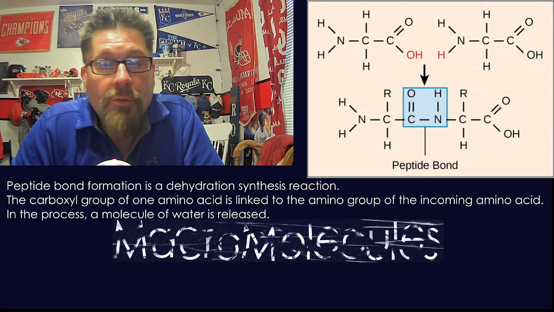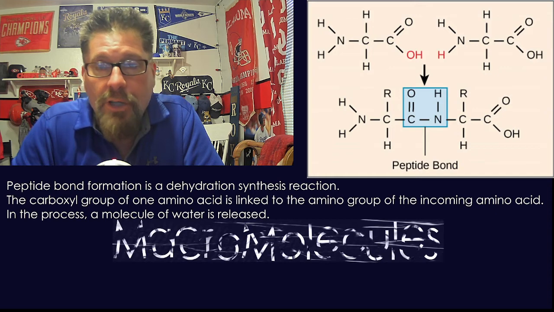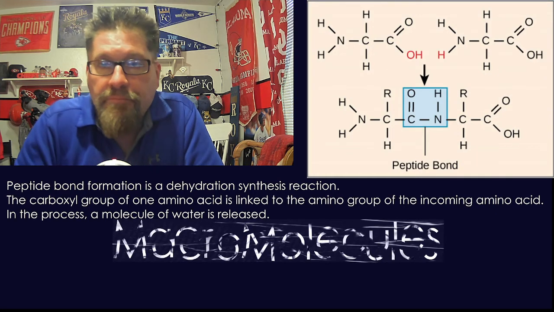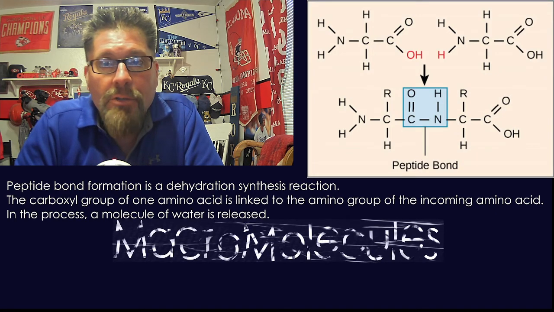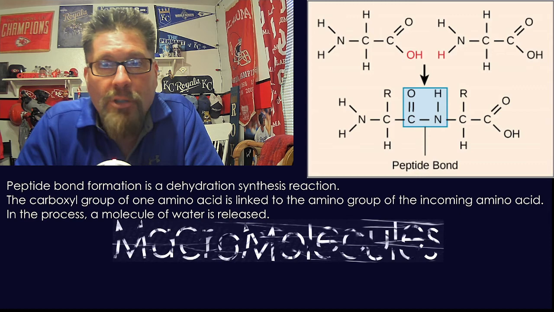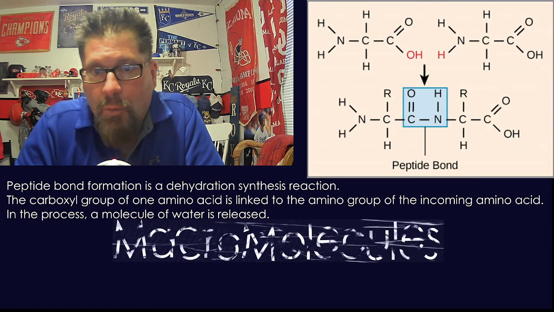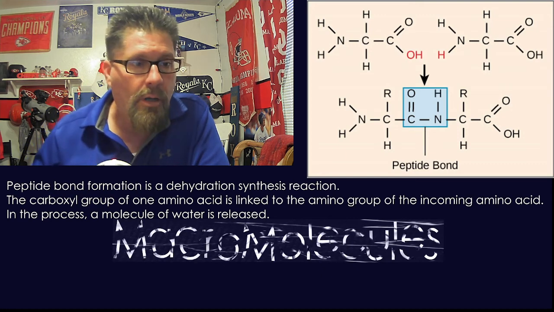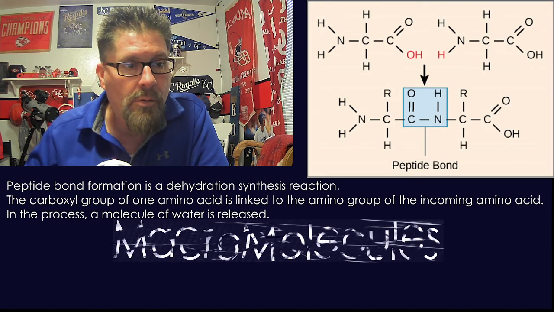It does go through dehydration synthesis. It does lose that water molecule. But the attaching element and the attachment points are a little different process. So I wanted to show that here.